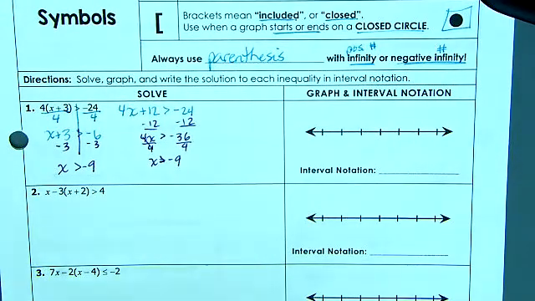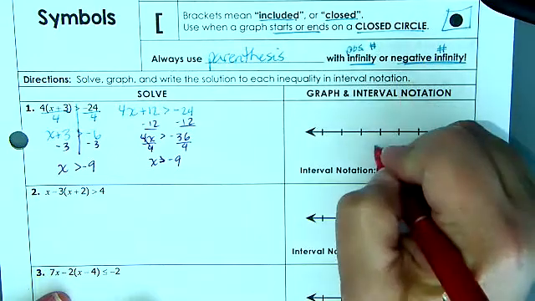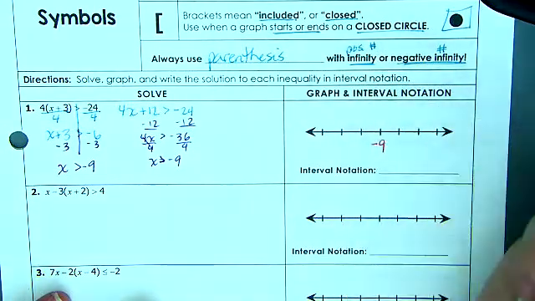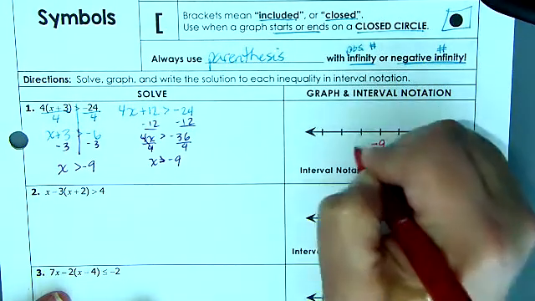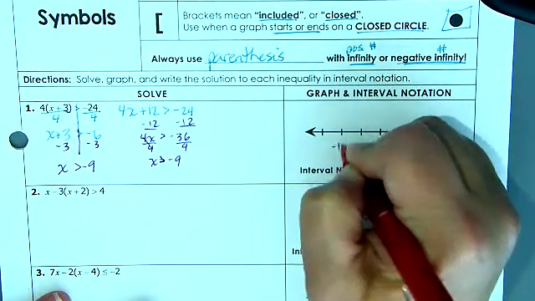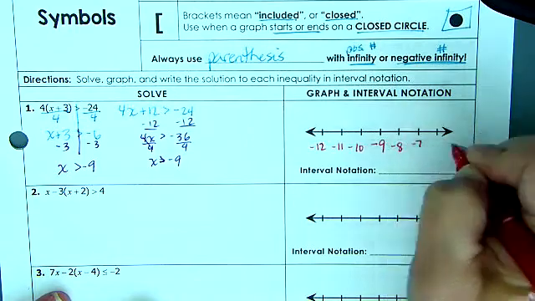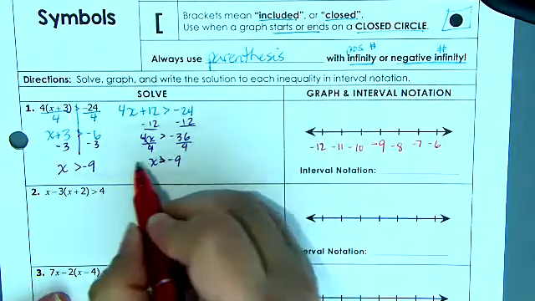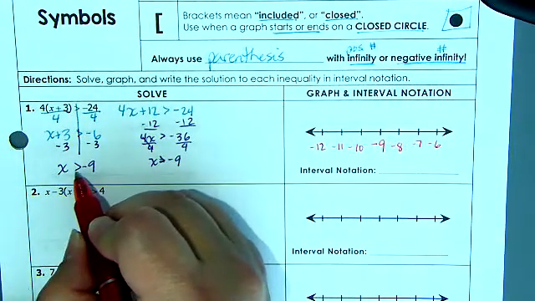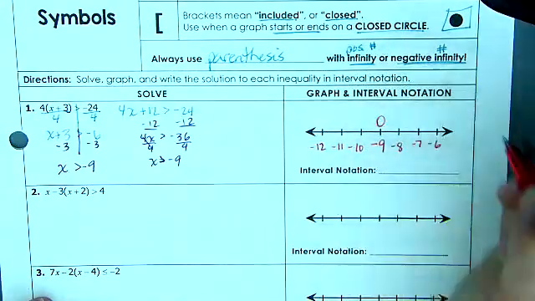Okay, this is where we get to the new part. We've got to label our information. The middle is going to be the number that we're looking for. Okay, so we have negative 9, negative 10, negative 11, negative 12, negative 8, negative 7, negative 6. Because it does not have the equal to bar, it's just an open circle.